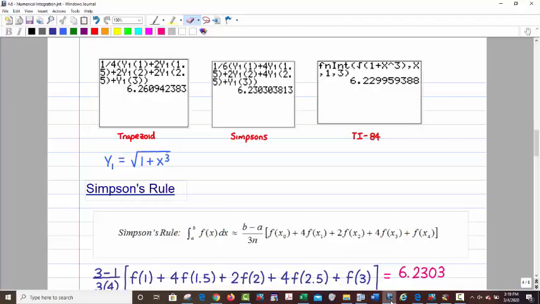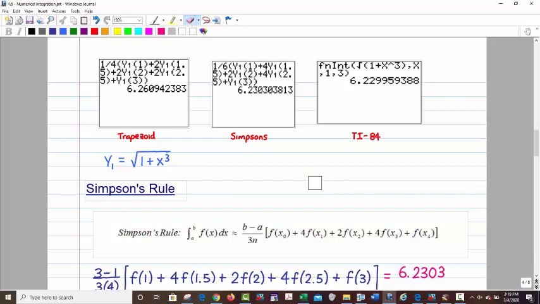Now here's the important announcement I want to make. For exam purposes, whether this is a multiple choice question or a worked out question, the TI calculator answer is not the correct answer. So if it's a multiple choice question and you put it in the calculator and you see that answer there, don't pick it.